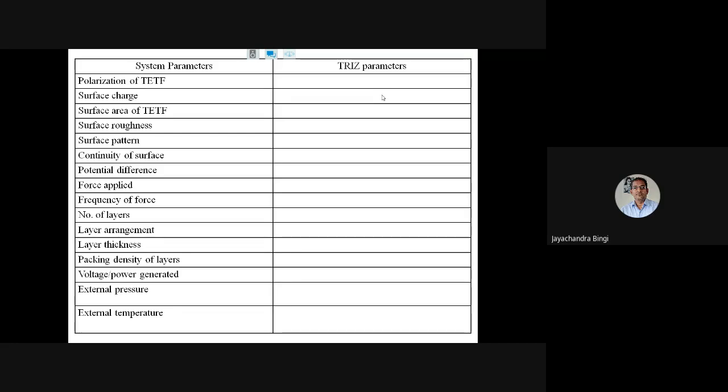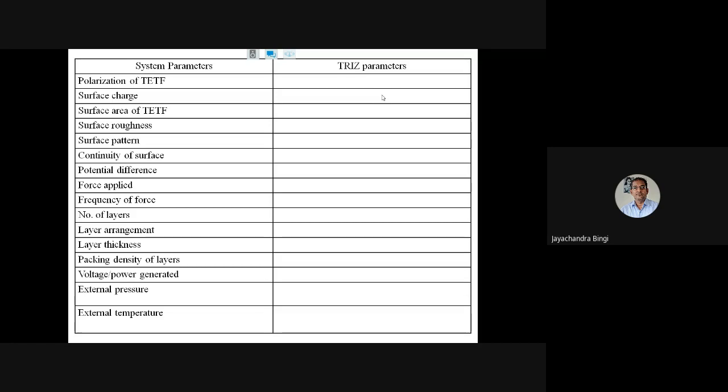Next, layer arrangement. Sir, I had a question. Wouldn't number of layers also translate to the strength? Yes.